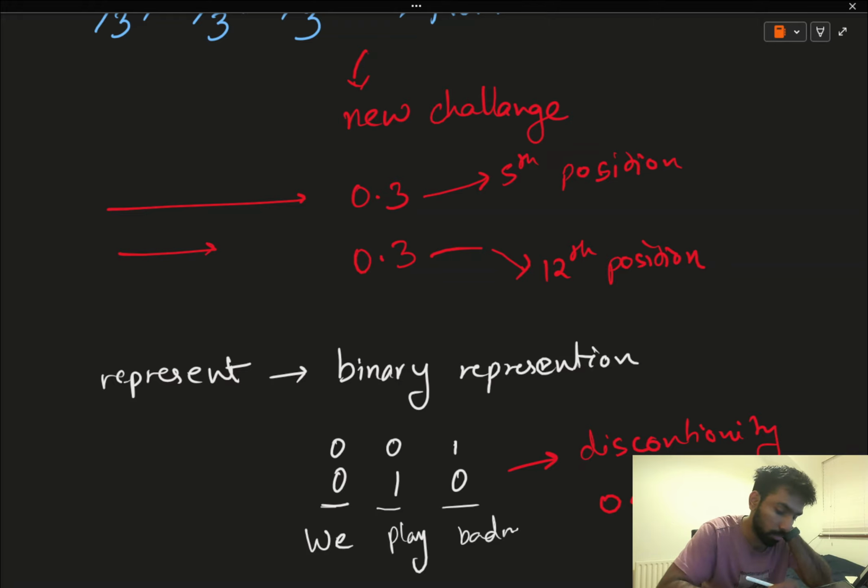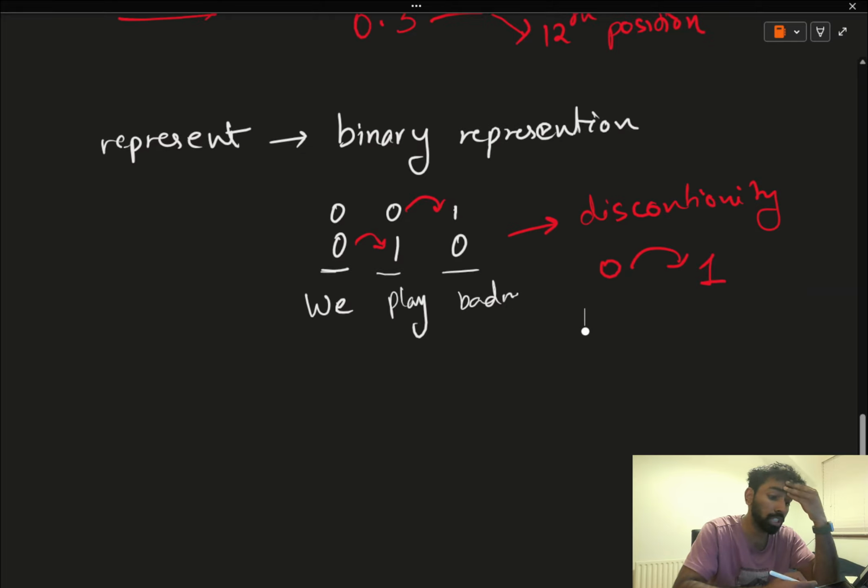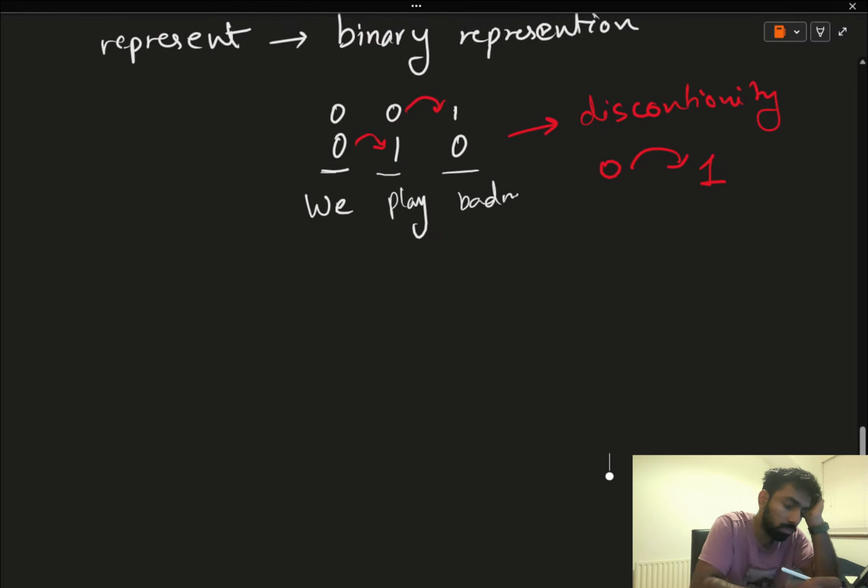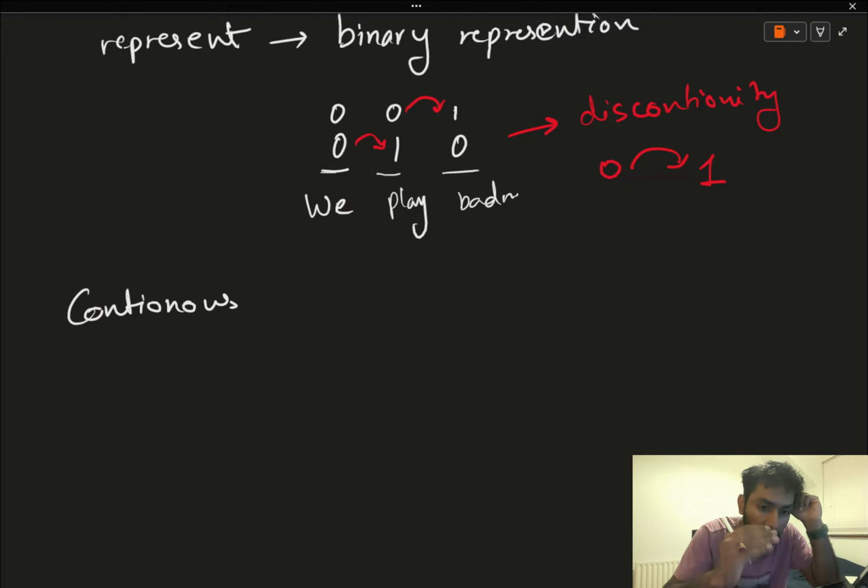So it's a big jump from, for example, 0 to 1 here and 0 to 1 here. Because it's a big jump and it's discontinuous, we usually ignore it, and also it becomes a little more tedious to keep it binary. So we want a solution which should be continuous, should not judge based on the magnitude, and should not be discontinuous.